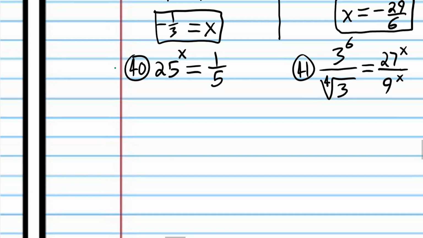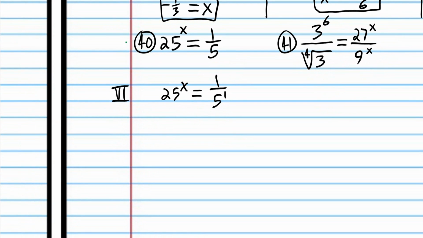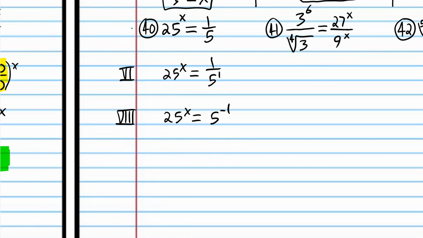All right, we're back. So I'm going to change 5 to 5 to the 1 power. That's rule 6. Then I'm going to bring that up and make it 5 to the negative 1 power. That's exponent rule number 8. Then I'm going to change 25 to 5 to the 2nd power.